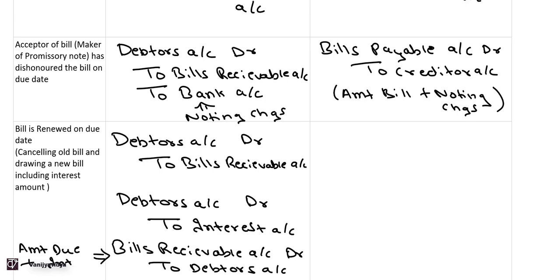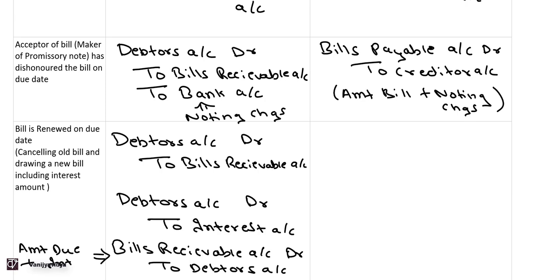Now it may also happen that the debtor may make some payment. In that case, we have to pass an entry for that payment, that is bank account debit to debtors account, and then the bills receivable entry for whatever is the amount due plus the interest.